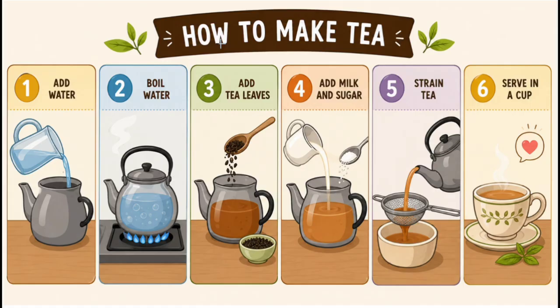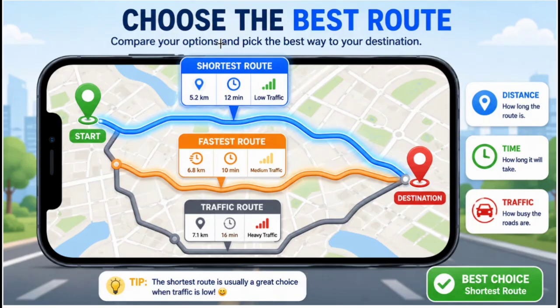In computers, this idea is used in the same way. A computer takes some input, follows instructions, and gives an output. Let's take the example of Google Maps. When you open Google Maps and search for a route, let's say from this point to this one, the process is the set of steps Google Maps uses to check roads, traffic, distance, and travel time.